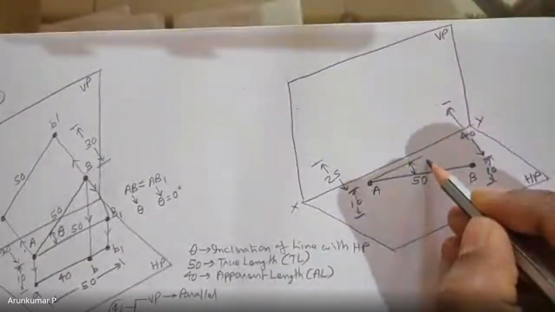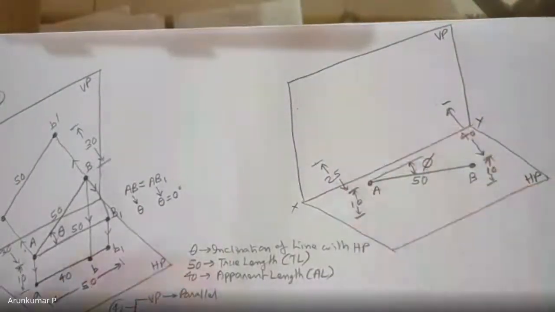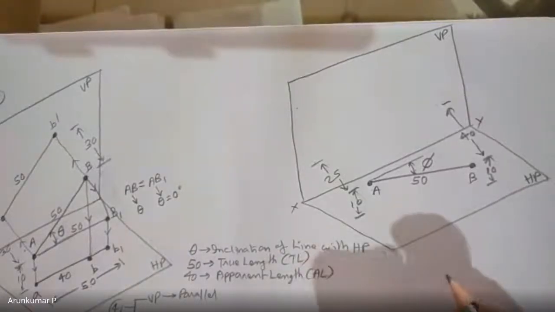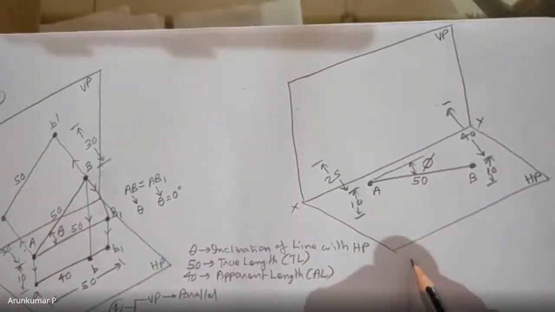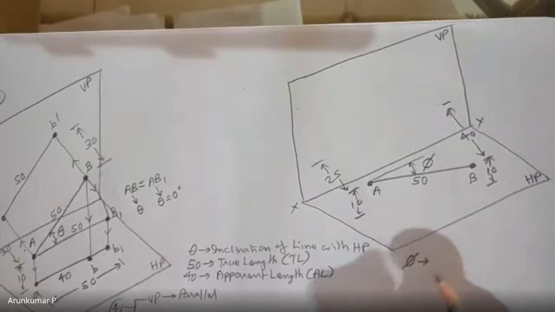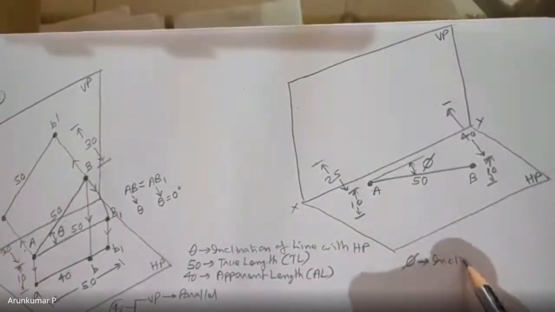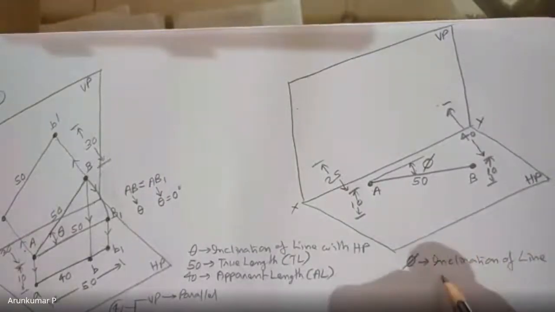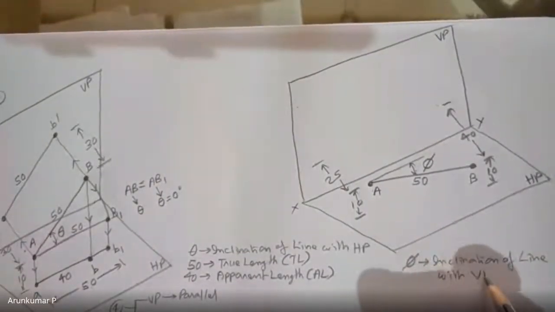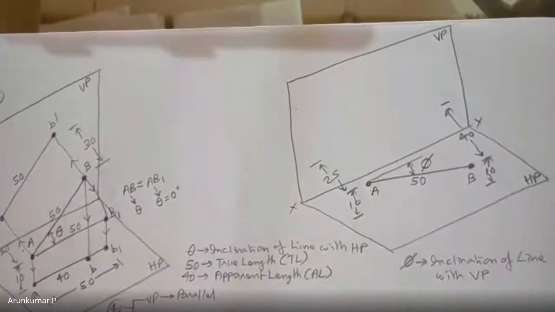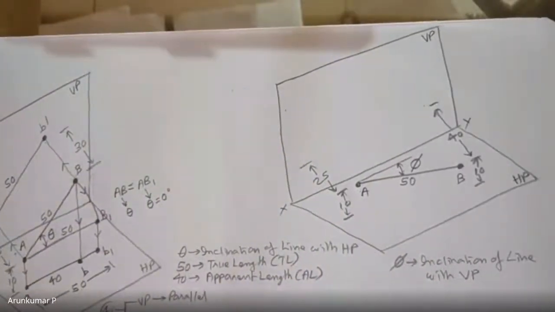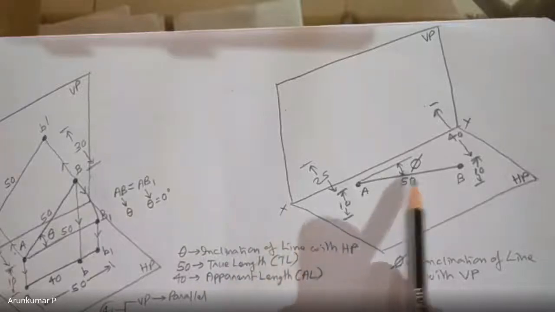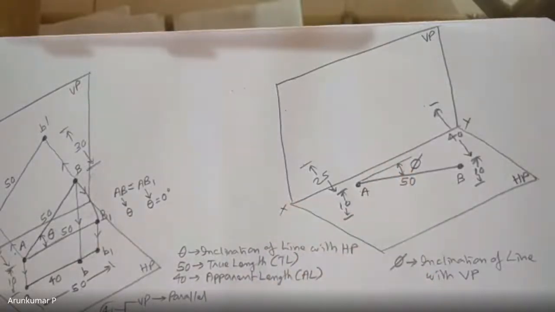VP. Exactly, to VP. So we call this angle phi. The thing to be noted here is phi is the inclination of the line AB with the vertical plane.